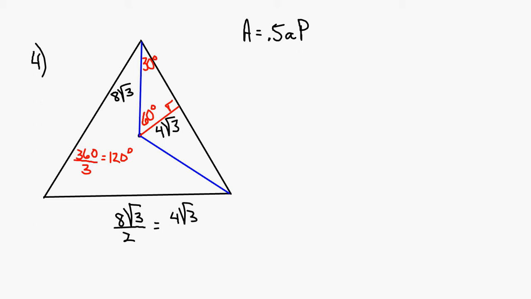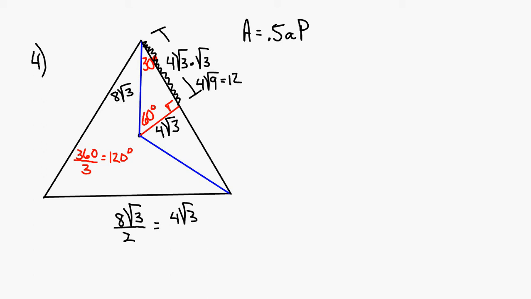The long leg of a 30, 60, 90 right triangle is the square root of 3 times bigger than the short leg. So 4 square root of 3 times the square root of 3 is this piece right here. That is 4 square root of 9, and the square root of 9 is 3, times 4 equals 12.